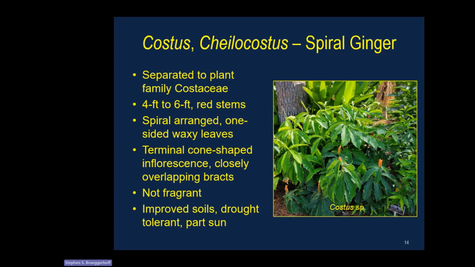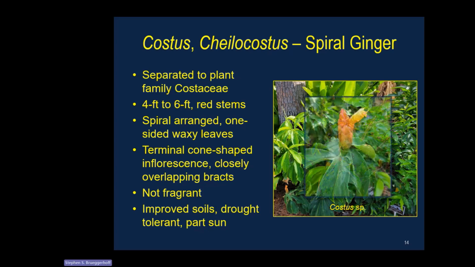Again, these plants have vegetation of spirally arranged pseudostems. If you look at these, they'll have a waxy surface on their leaves. They do produce terminal cone-shaped inflorescence, terminal cone-shaped flowers with closely overlapping bracts. This is what the flowers look like.